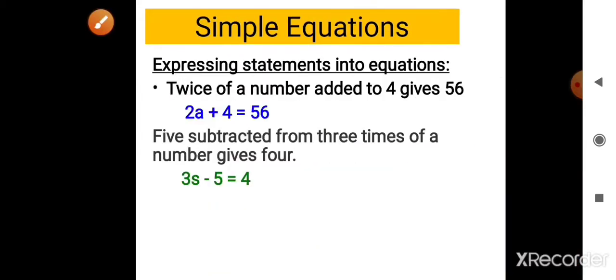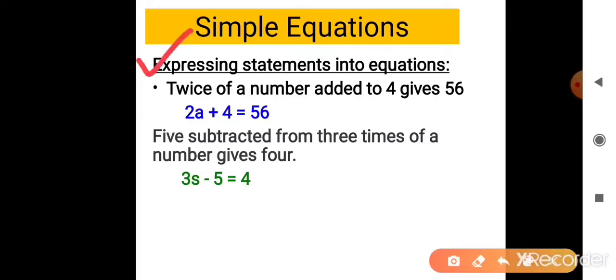Next, we have expressing statements into equations. Now this is something that we have done in the very first video of this particular chapter as well, but I thought of repeating it so that you are able to recall what you have learned.